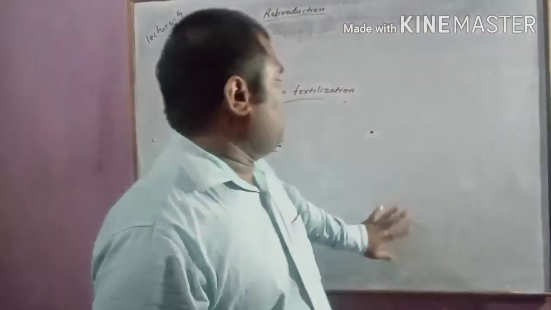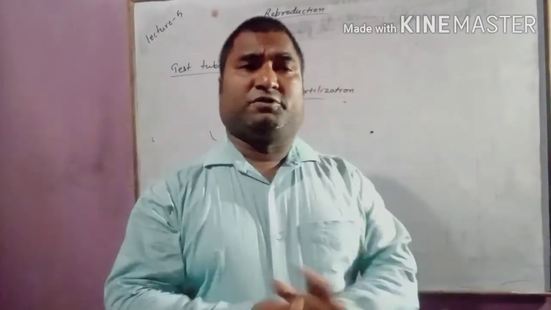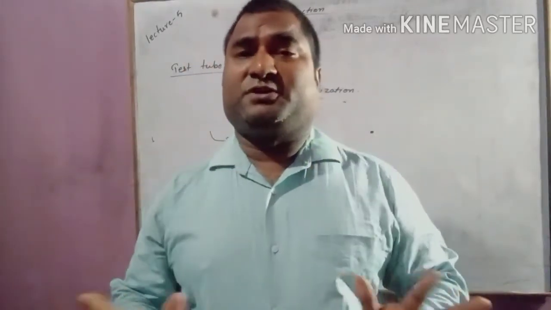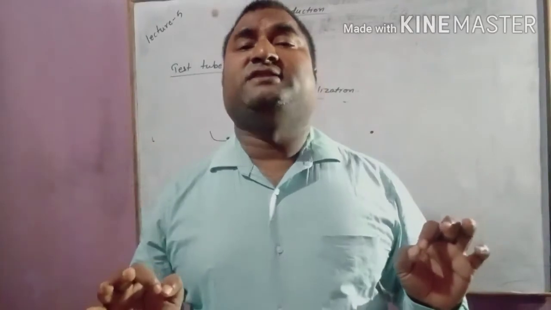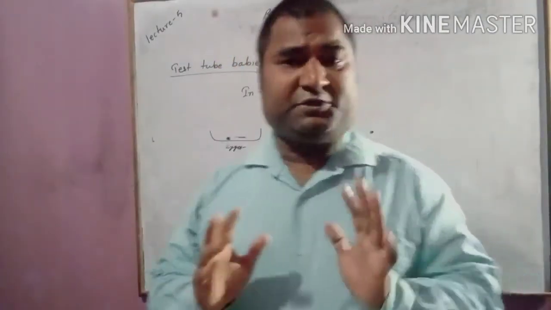So I hope you understand. There is not much more detail in this particular topic. You have to remember this much only. The fertilization is called in vitro fertilization, and the baby developed is called a test tube baby.